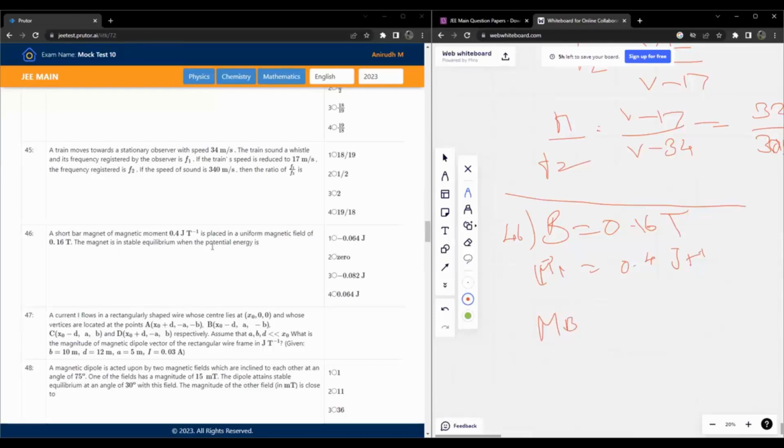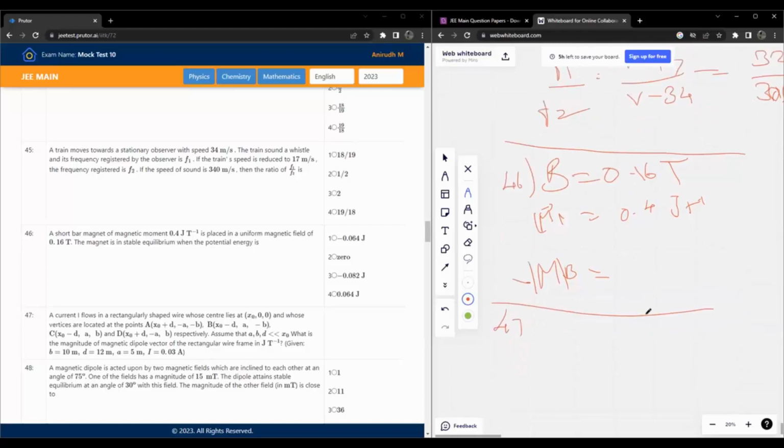So for stable equilibrium, the potential energy is basically minus of mod m into b, which is basically 0.4 into 0.16, minus 0.064 joules. That's one, right? Question number 47.